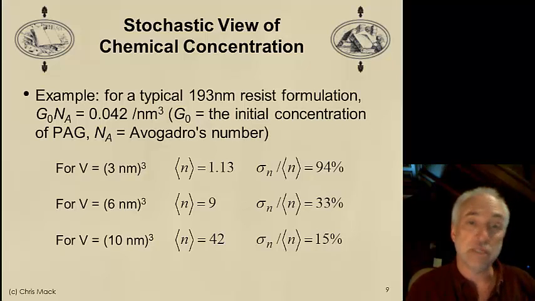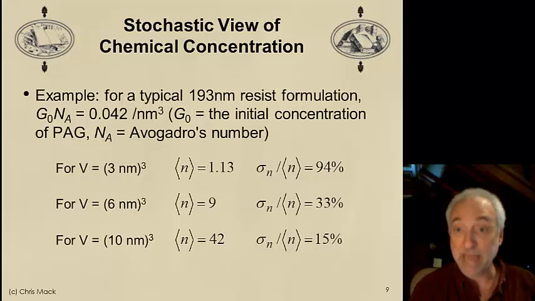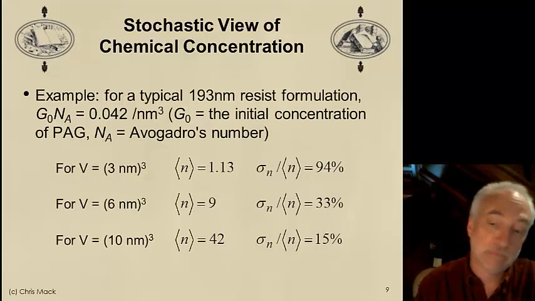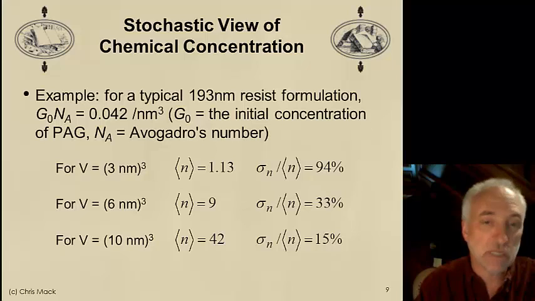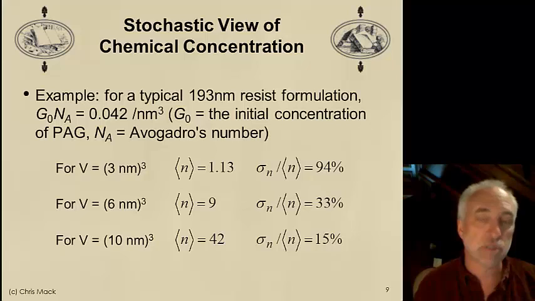Now, it's still smaller than the lithographic features that we are printing. We're printing more like 20 or 30 nanometer feature sizes. But we're getting close to that, and we're seeing here a 15% variation in the concentration of the PAGs simply due to stochastic noise, shot noise in the chemical concentration. It's starting to become a significant number. Of course, if I have much larger features and much larger average numbers, this phenomenon becomes less significant.